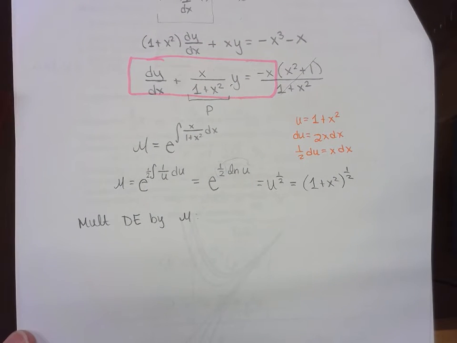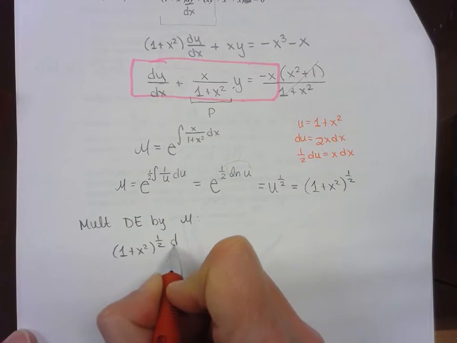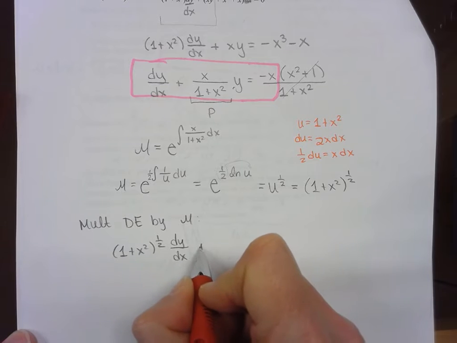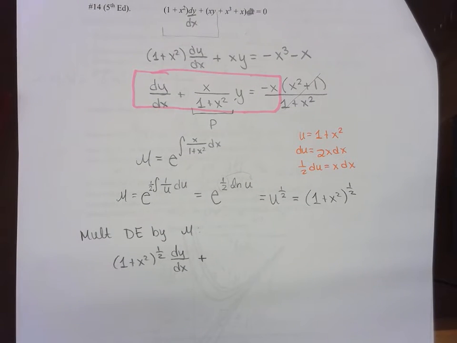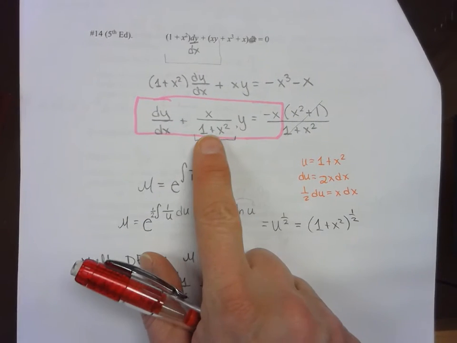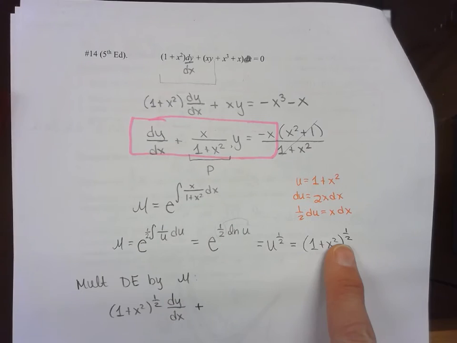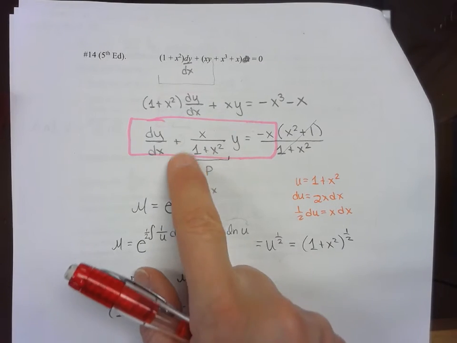So I'd have 1 plus x squared to the 1/2 dy/dx plus, okay, so what about that second term? When I do 1 plus x squared to the 1/2 times this, the x stays, right? You're going to get that to the 1/2 on the top, and on the bottom it's to the 1.